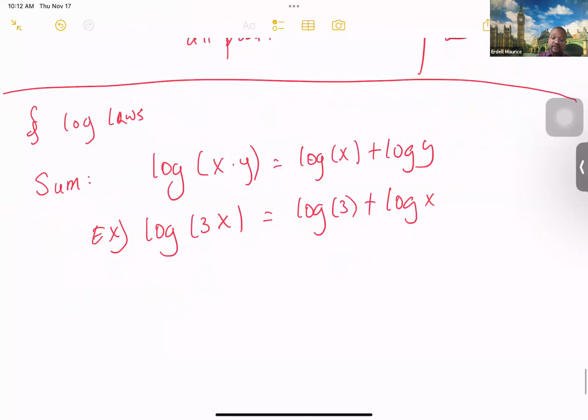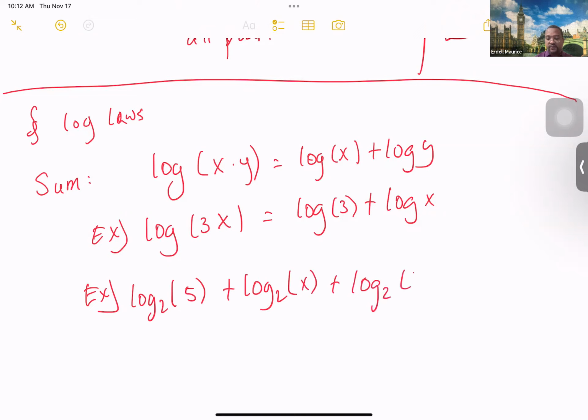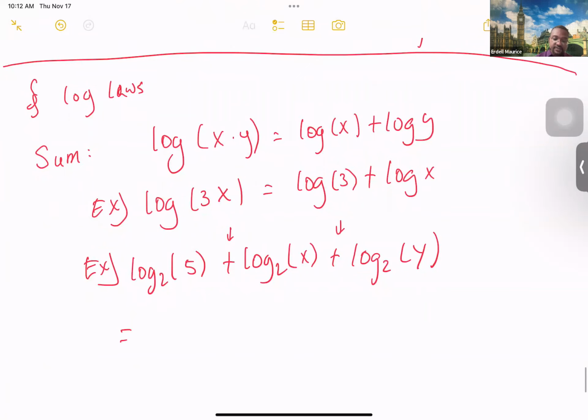This also works in reverse. If I have log base 2 of 5 plus log base 2 of x plus log base 2 of y, the pluses will become multiplication. And so it becomes log base 2 of 5 times x times y. Questions there?